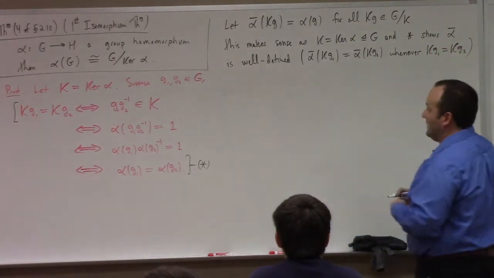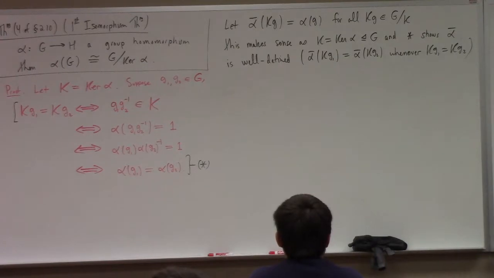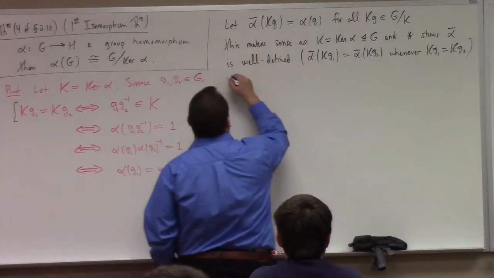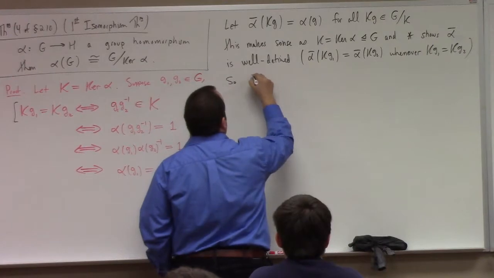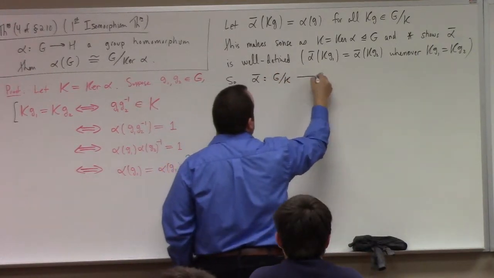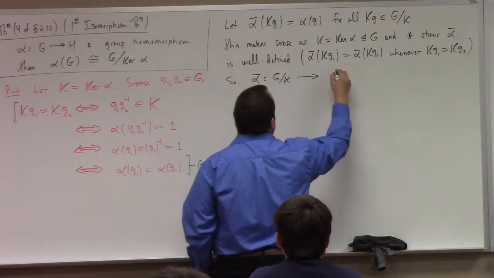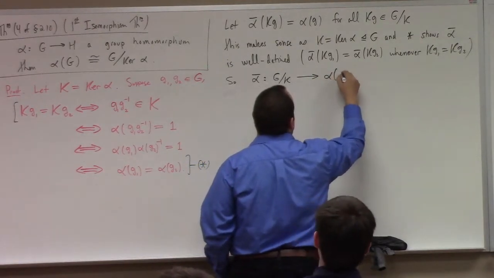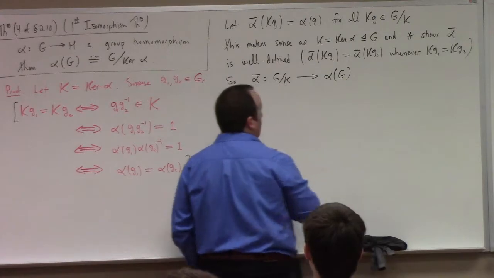Star proves that that's the case. So this alpha bar is well defined. It's a mapping from where? It's a mapping from the cosets of G by K to alpha of G, right?